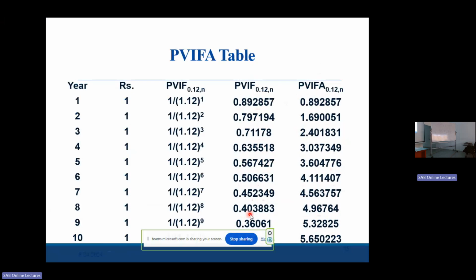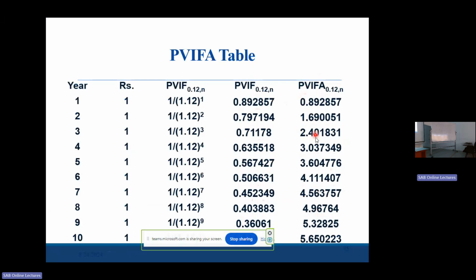Yeah, 40 cents. Its present value is 40 cents. What is the present value if you deposit 1 rupee for 8 years in an account which pays 12% interest per annum? It is 4.96. Present value is 4.96.